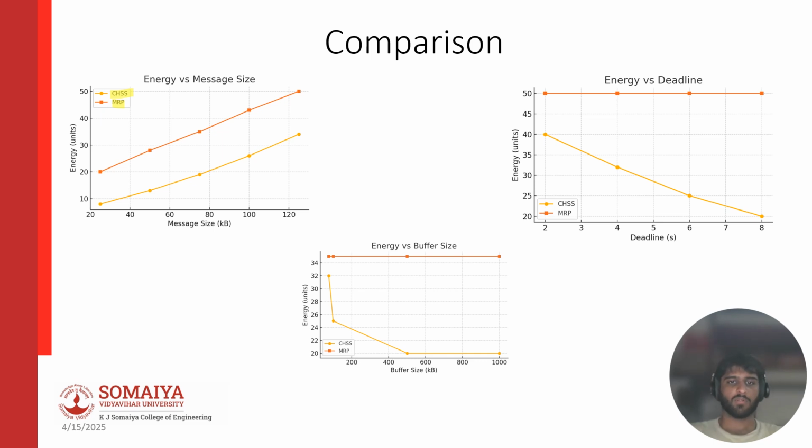The same goes with the energy versus buffer size graph, where the buffer graph for the MRP is just too high, and it's not ideal because you don't want to send the data very quickly, because there could be a possibility that you could be transferring data that does not exist. So it's kind of like a deadlock problem, if that makes sense.